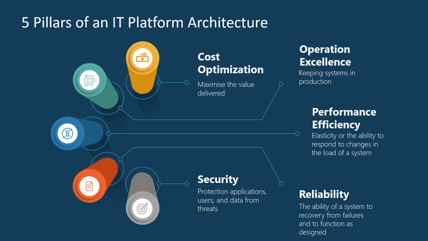Performance efficiency is where elasticity, the ability to respond to changes in the load of the system, is handled adequately. Then reliability, which is the ability of a system to recover from failures and to function as designed. The final point, which is our focus here, is security, which means protection of applications, users, and data from all those threats.